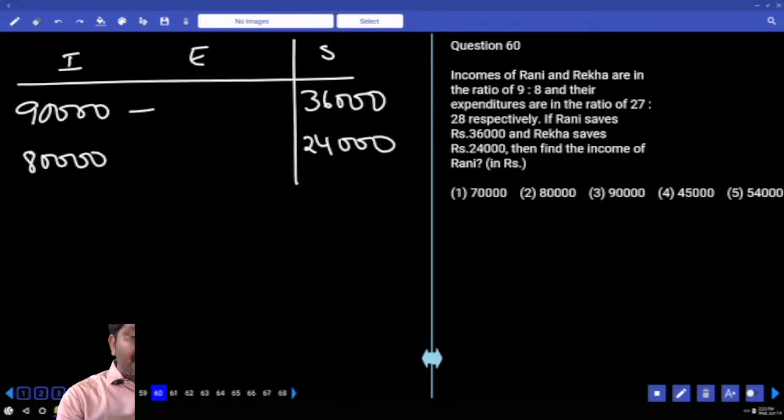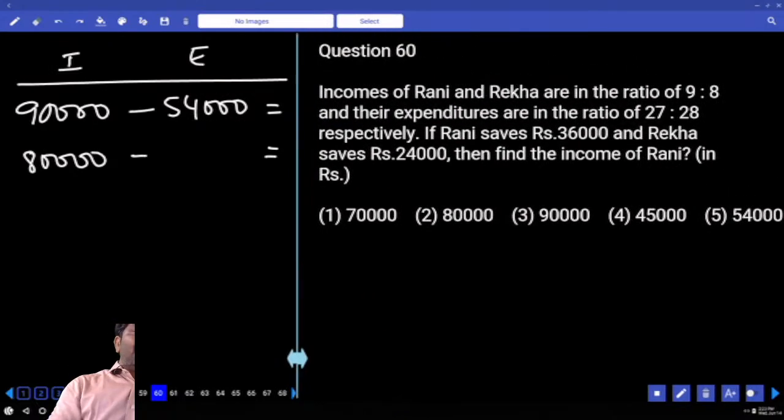And you know that income minus expenditure is equal to savings. From 90,000, how much do you need to subtract to make it 54,000? Right. Now, immediately what I will verify is, this is related to expenditure for the first person only.